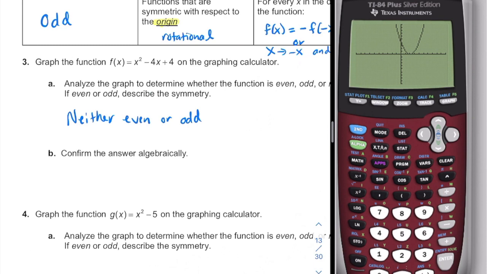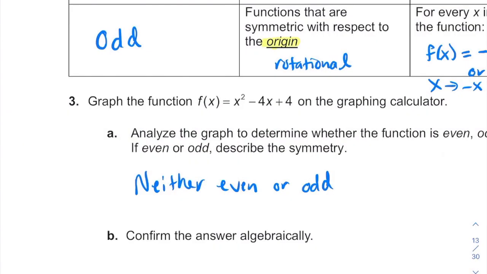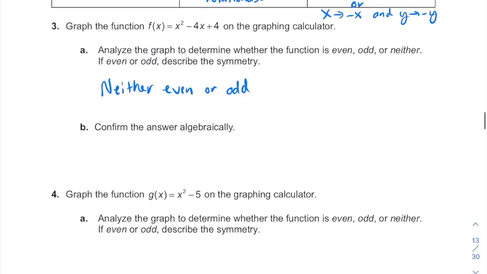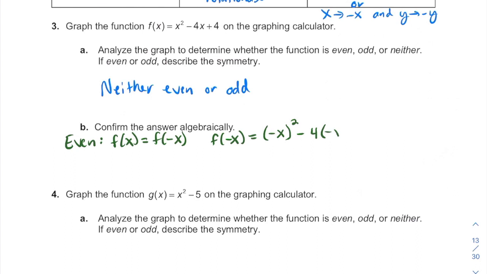But let's say we didn't have a graphing calculator and we needed to test them. We're going to test both of our rules algebraically to see how this works. So let's go ahead and do even first. If it's even, I need f of x to be equal to f of negative x. So f of negative x, here's how this looks. Wherever I find an x, I'm going to put in parentheses negative x squared minus 4 times in parentheses negative x.